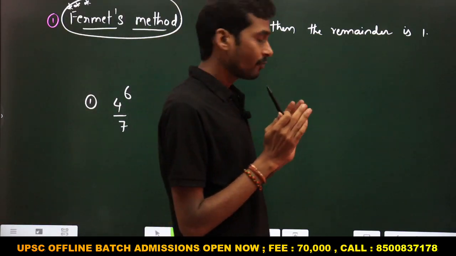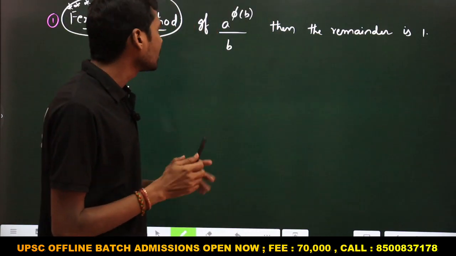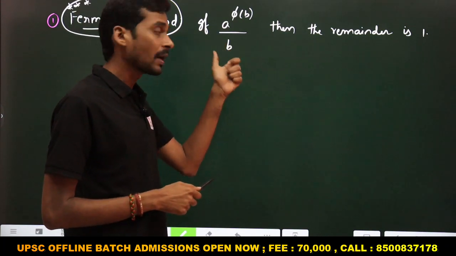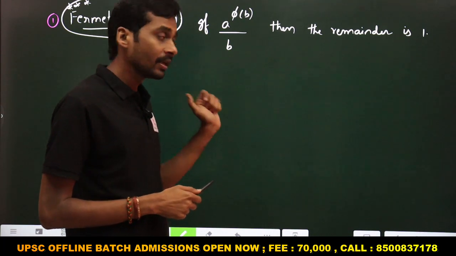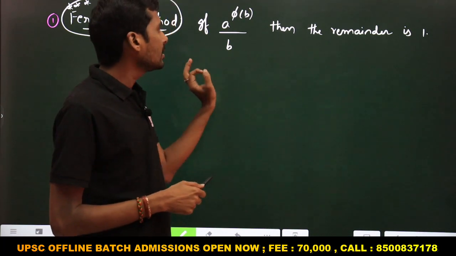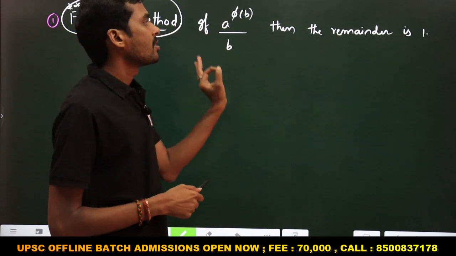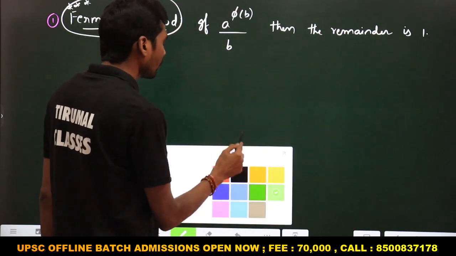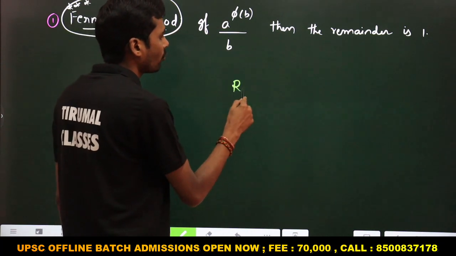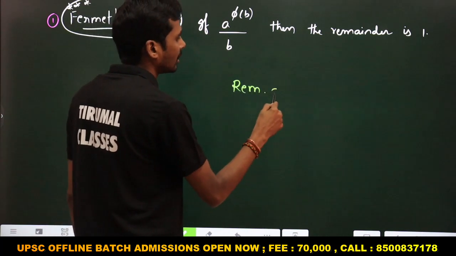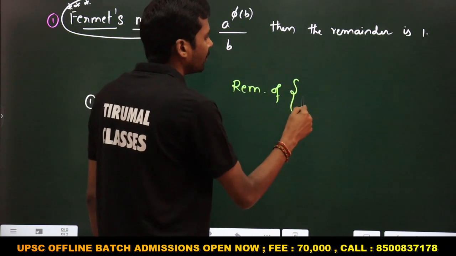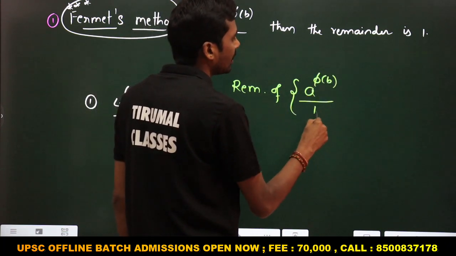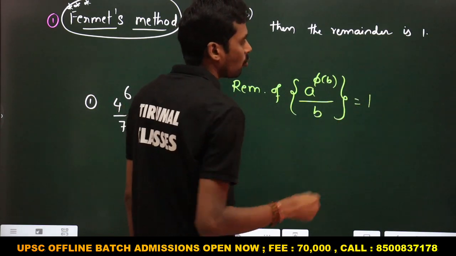Okay, the Fermat method states that if a number is given in the format a to the power of phi of b divided by b, the remainder is 1. Suppose I want to find out the remainder of any number which is in the form of a to the power of phi of b divided by b, then the remainder is what? 1.